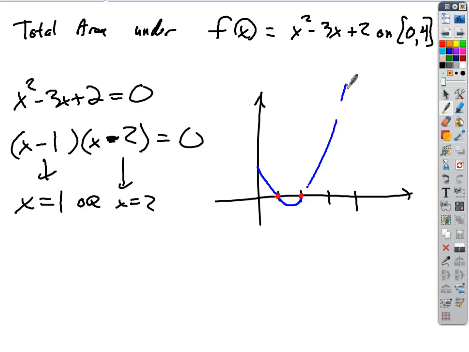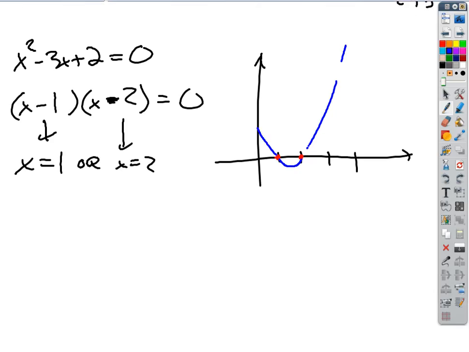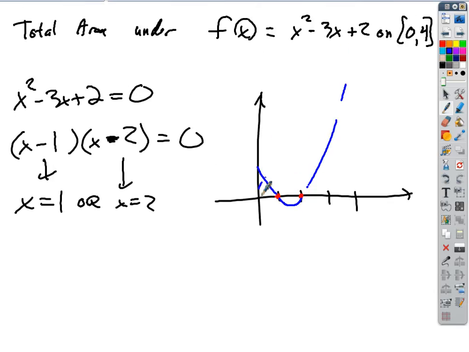I'm going to get this little bit of negative area there that's going to throw off my calculation. If I just take an integral, I've got to calculate that as being positive, right? So I'd have to split this up then into 3 separate areas. I've got those 2, and then that 1, right?